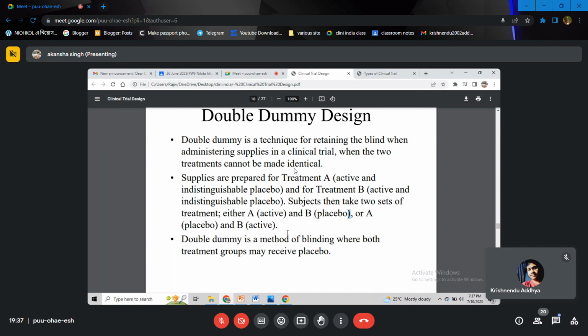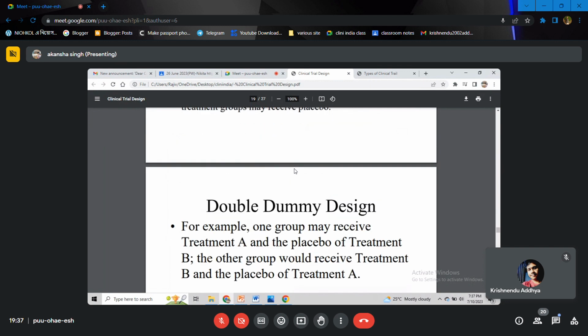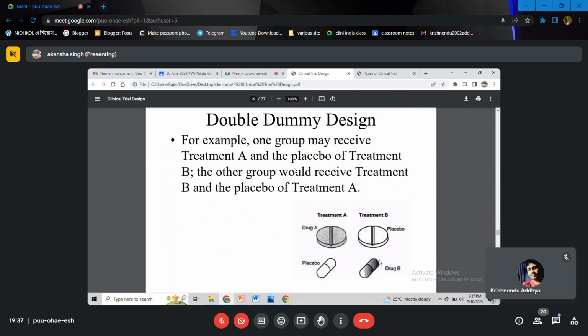Double dummy is a method of blinding where both treatment groups may receive a placebo. For example, one group may receive treatment A and placebo of B, similar in appearance, and the other group would receive treatment B and placebo of A.